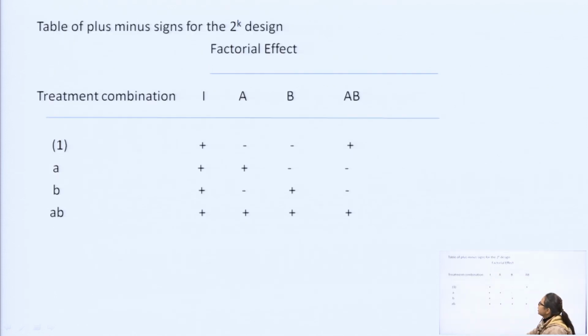Next is the table of plus and minus signs. Here we can see the columns I, A, B, AB, with the signs for each treatment combination.